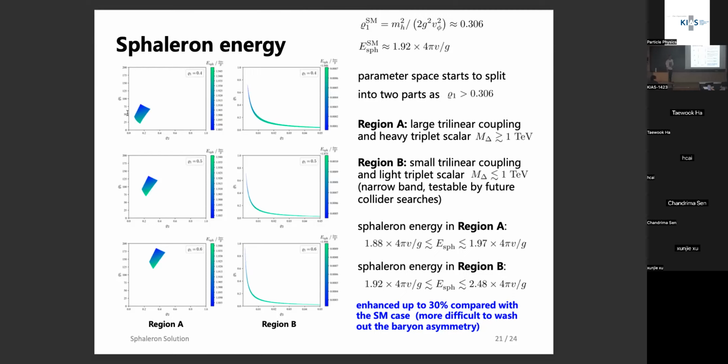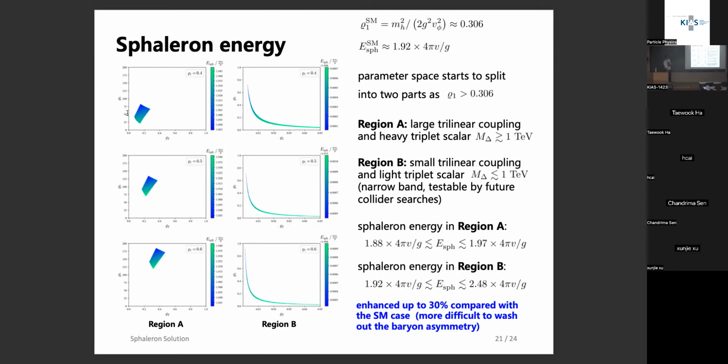Is the washout inside the bubble from Sphaleron processes a serious concern in electroweak baryogenesis? You said that it's more difficult to wash out the asymmetry. Is it a big problem usually in electroweak baryogenesis? Because in the standard model, the Sphaleron rate inside the bubble is larger than the Hubble expansion rate, right?